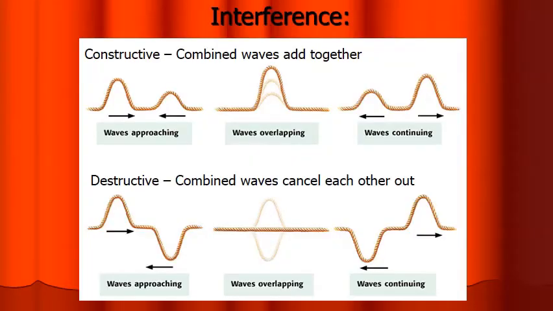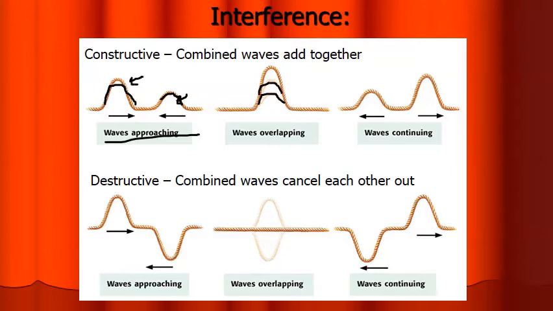So, interference. Constructive, we have two waves, this wave here, and this wave here. And when they come together, you can see from the arrows that they're headed towards each other. These waves are approaching each other. When they come together, this is the small wave here, and this one is the big wave here.